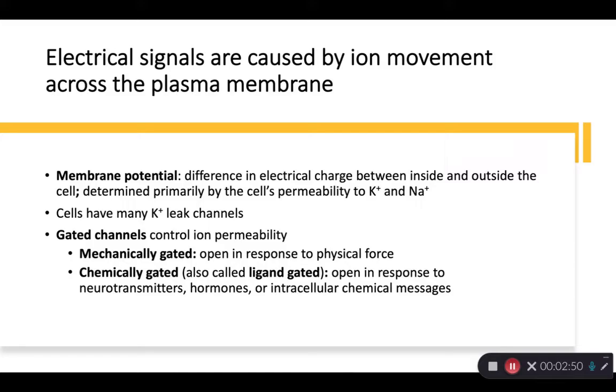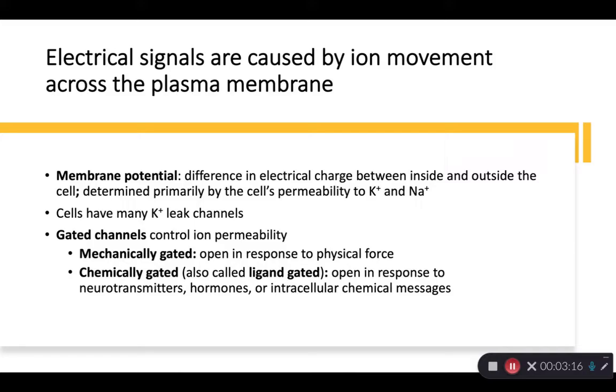You also have chemically gated ion channels, which are sometimes called ligand-gated ion channels. These two words mean the exact same thing. These open in response to some sort of chemical message or chemical in the area binding to the ion channel. This could be neurotransmitters, hormones, or intracellular chemical messages, or they could also open or close in response to chemicals in the environment.